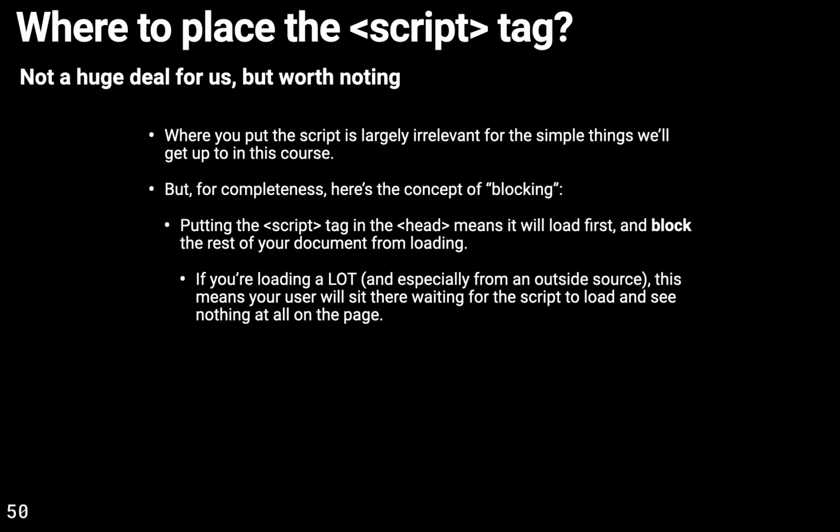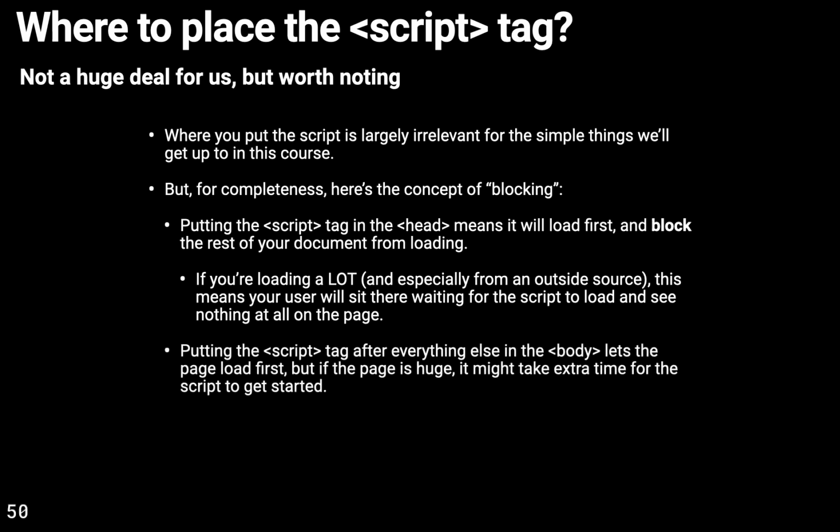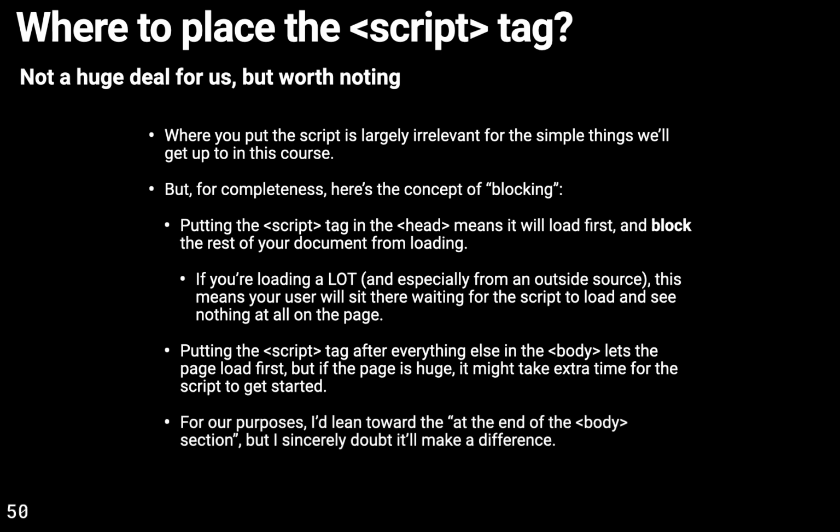It's not a great user experience. Whereas an opposite case is putting the script tag after everything else in the body lets the page load first, but then if the page is huge, it might take time for your script to move, etc. So I just want to point out, for our purposes, I'd lean towards the end of the body section, but it probably won't make a difference. It's just useful to know about the concept of blocking.